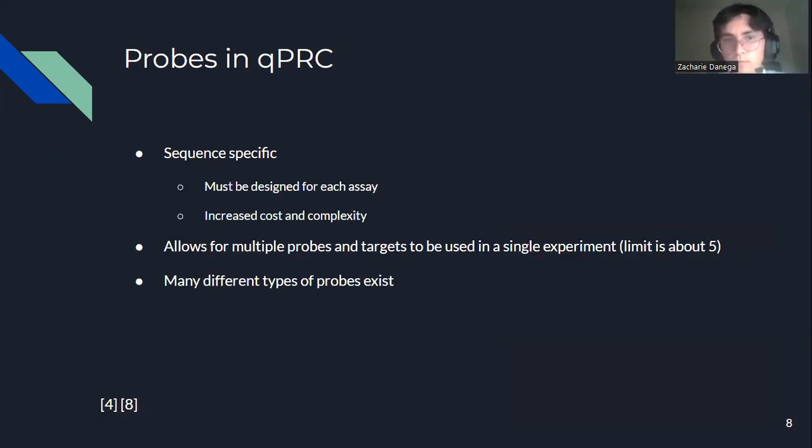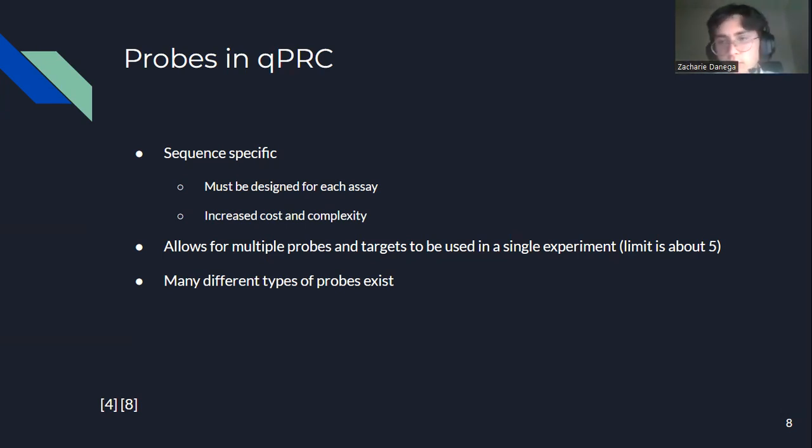Now, probes. Probes are sequence specific. They must be designed specifically for each gene or DNA that you want to copy. Now, it's increased cost and complexity. Now, there's something called multiplexing.